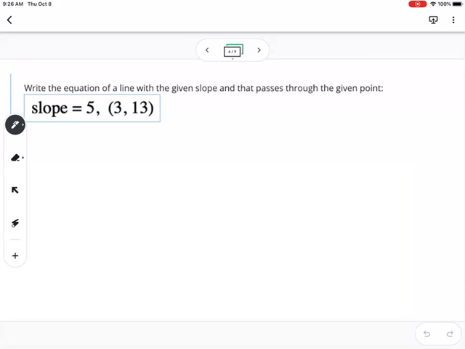The next one, so this is knowing that, once again, it's going to be y equals mx plus b. We can directly know the slope because we're told the slope, but we aren't told the y-intercept, but we can always find the y-intercept if we know the slope at any point. So we need to put the x value of 3 and the y value of 13 in to find out what the y-intercept is.